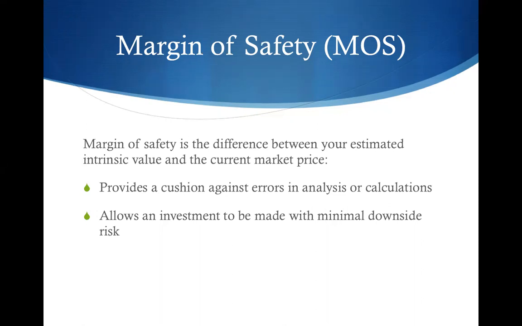It provides a cushion against errors in analysis or calculations and allows an investment to be made with minimal downside risk. Most investors go with 25% to 50% margin of safety. Some might be higher or lower.